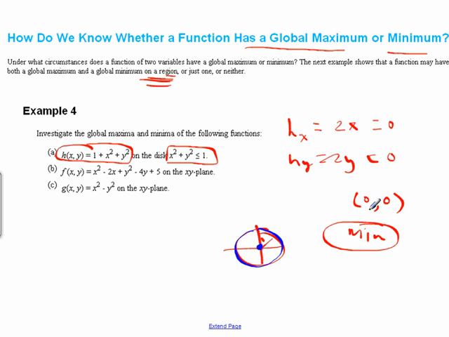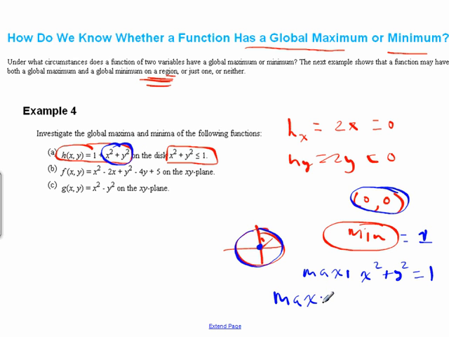So our minimum value at 0, 0 is going to be 1, plugging 0 in for that. And our maximum is going to be when x squared plus y squared equals 1. So plugging 1 in for that, our maximum value is 1 plus 1, which is 2, and it occurs anywhere where x squared plus y squared equals 1.